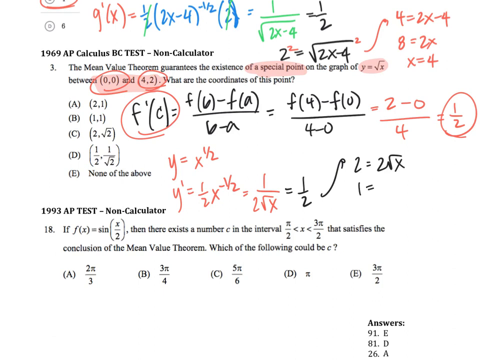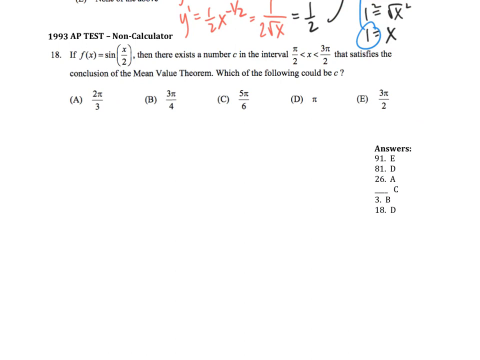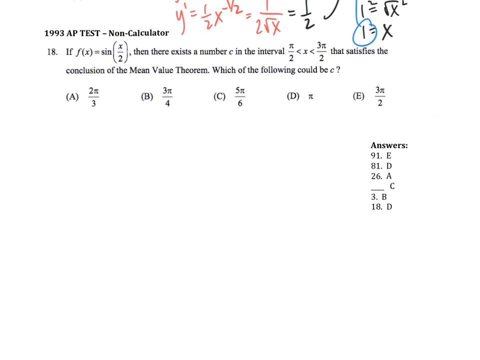Divide by 2, and I get 1 equals root x. Square both sides, and I get 1 is my x. My x is 1, so I'm not convinced it's not e yet, but I like my x is 1. Then I would just need to plug in: if my x is 1, what's my y? Well, what's the square root of 1? It's 1, answer B.